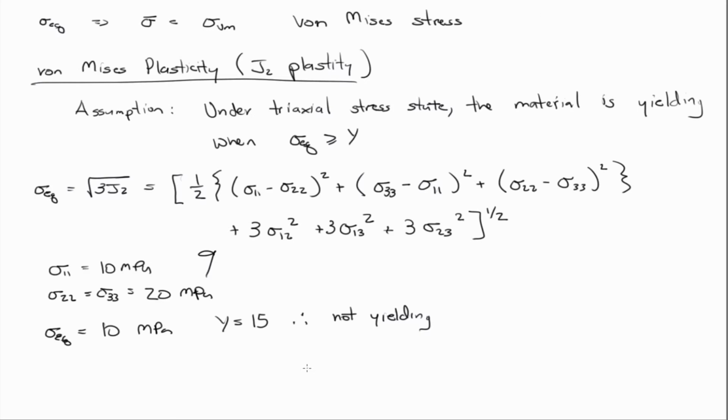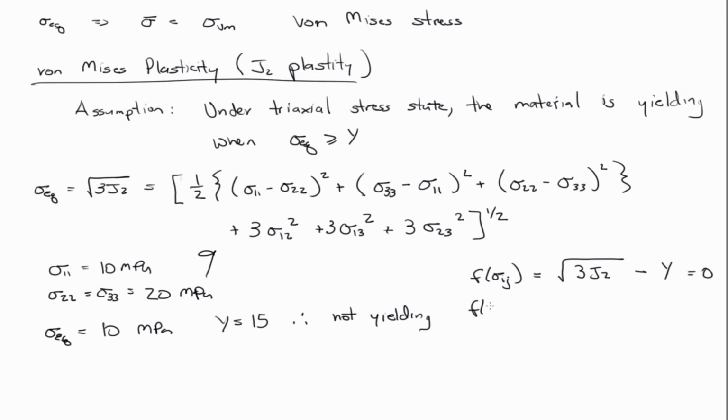So this is our plasticity model. It's a model that we develop to determine if the material is yielding or not. And a lot of what we'll do is define something called a yield function. So it's a function of the stress. In the case of J2 or von Mises plasticity, we say that it's the square root of 3J2 minus y. And strictly, this always has to be less than or equal to 0, right?